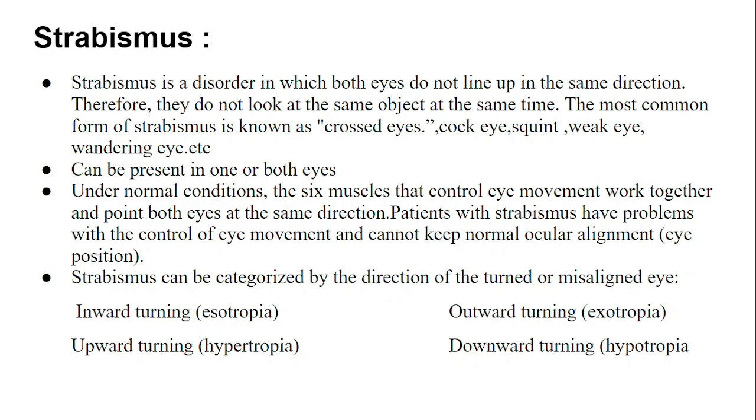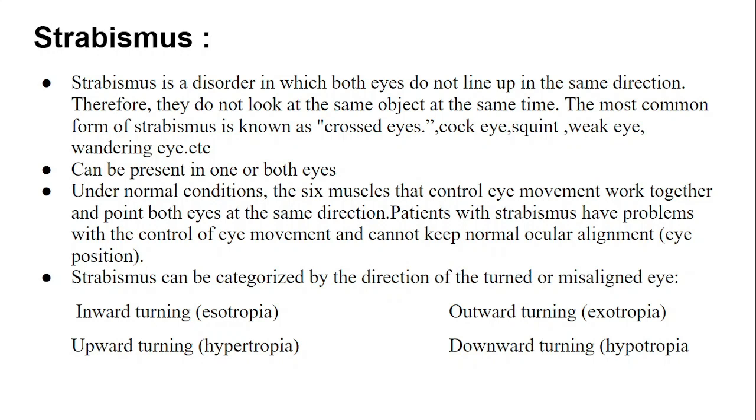Esotropia refers to inward turning of one or both eyes, while exotropia refers to the outward turning of one or both eyes. Hypertropia is upward turning of one eye, and hypotropia is downward turning of one eye.